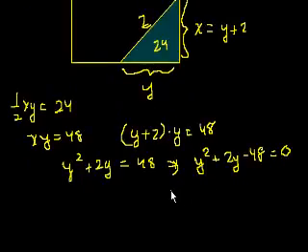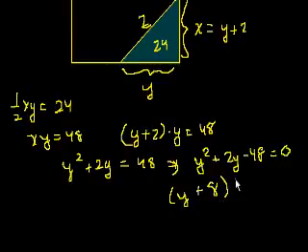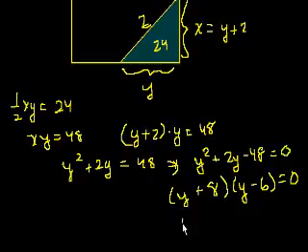What two numbers multiply to minus 48 and add to plus 2? y plus 8 times y minus 6 is equal to 0, right? 8 times minus 6 is minus 48, and 8 minus 6 is plus 2. So y could be equal to minus 8 or plus 6, whatever numbers make either of these equal to 0.